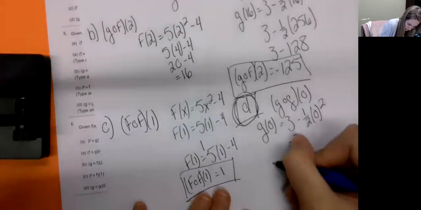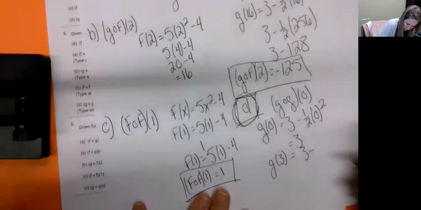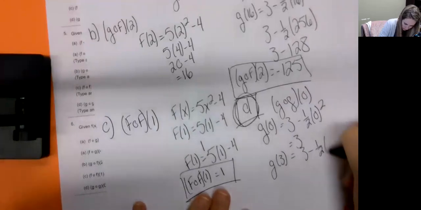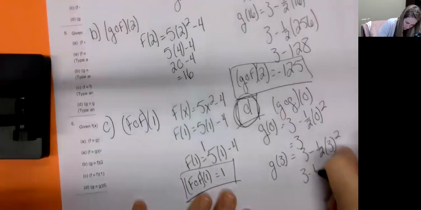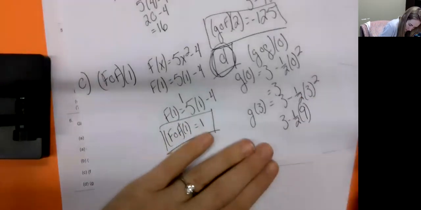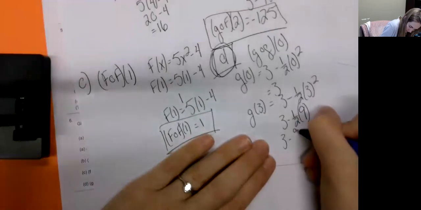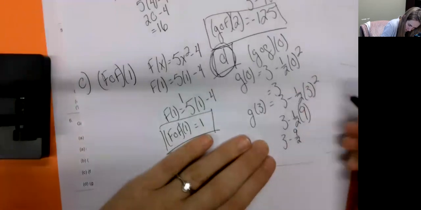We're going to substitute this 3 in, so g of 3 equals 3 subtract 1/2 of 3 squared. 3 squared is 9, so 3 subtract half of 9. So we'd have 3 subtract 9 over 2. This would be 6 over 2.